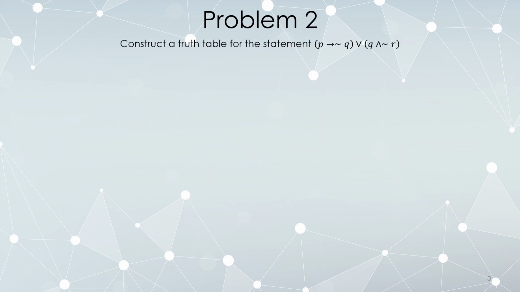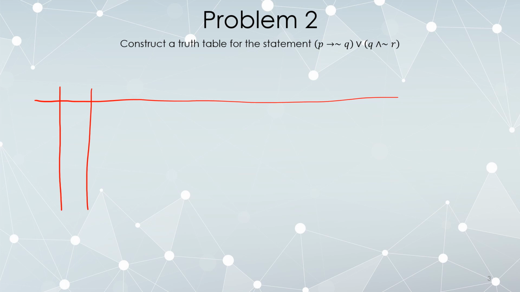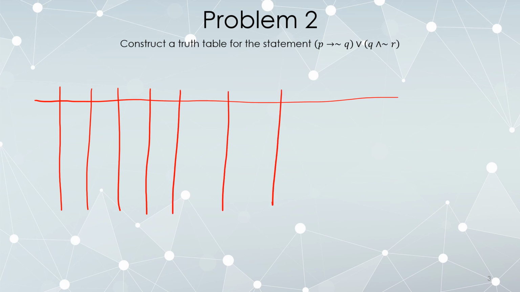Moving on. Construct a truth table for this somewhat shorter statement. All right, let's just go ahead and throw down a nice large table. We're going to start with our P, Q, and R. We're going to need a not Q and a not R. We're going to need to build a conditional statement, a conjunction, and then we should be good.